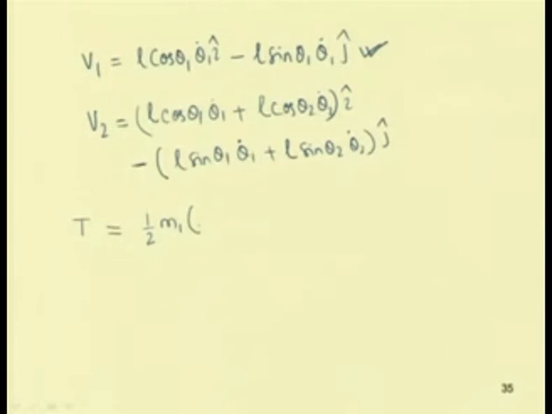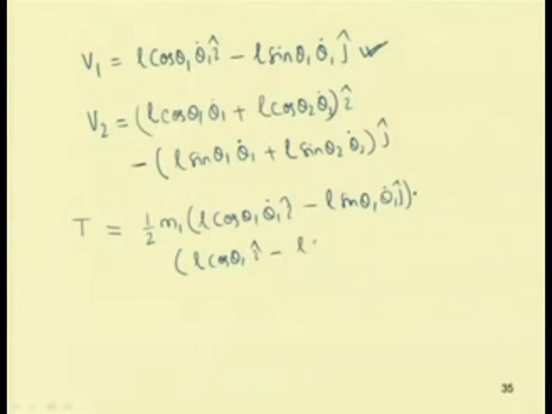So it will be L cos theta 1 dot i minus L sin theta 1 dot j, and with the dot product, this becomes L cos theta 1 dot i minus L sin theta 1 dot j. So this is for the first mass.